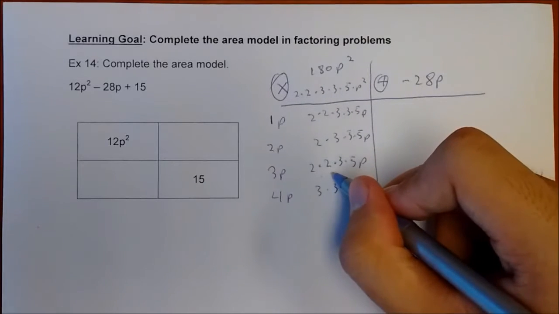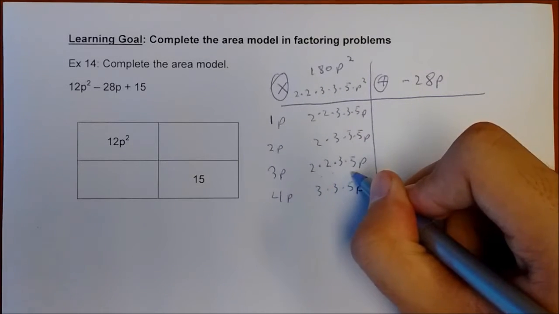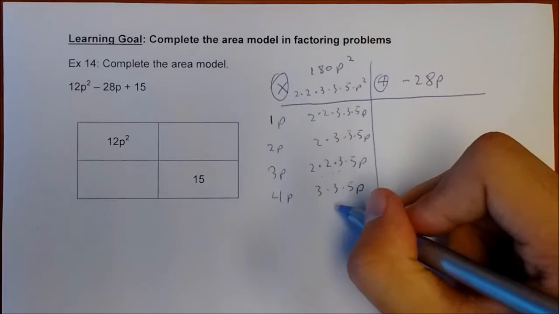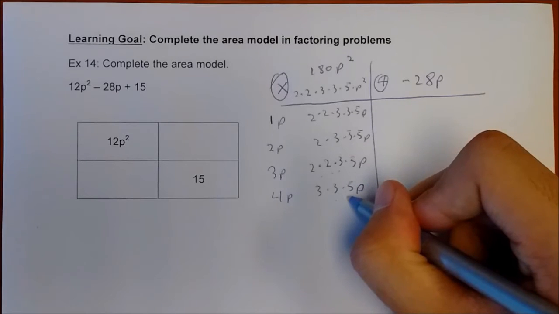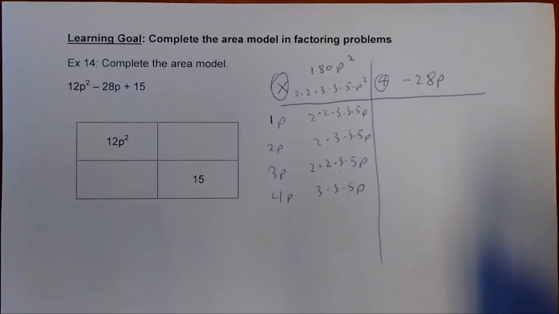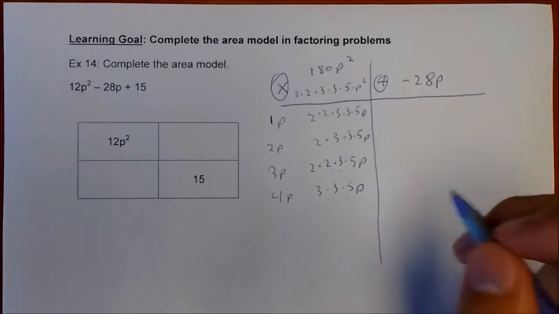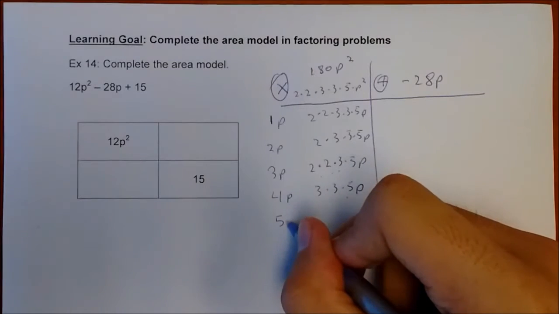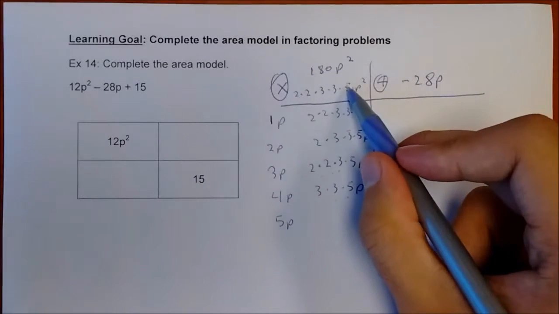And then we have 2 times 2 is 4, times 5 is 20, times 3 is 60, times 3 is 180. And 3 times 3 is 9, times 5 is 45, times 4 is 180p squared. So we can be sure that what we're doing is correct. So let's move on. Next up is 5p. Uses up this 5 from the end.